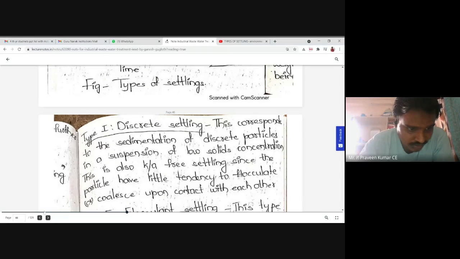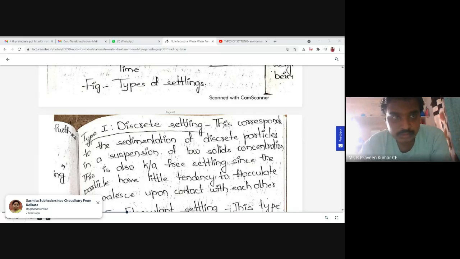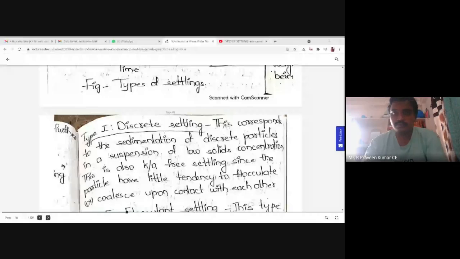That is about the different types of settling particles under this sedimentation process. Okay, now coming to the next topic.